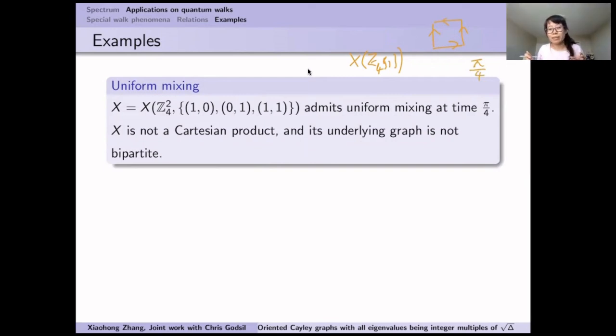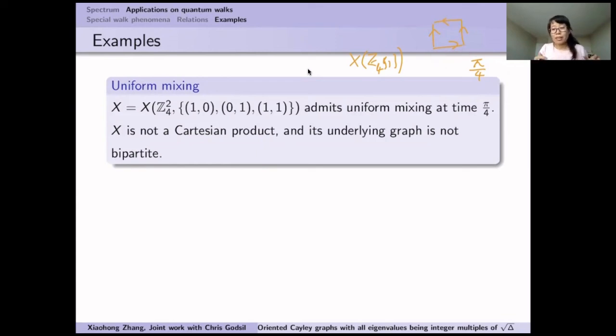Uniform mixing at time t means there is a local uniform mixing with respect to each vertex at this time t. So it means that the whole matrix is flat, all the entries of this matrix have the same modulus. That's uniform mixing. So the oriented four-cycle has uniform mixing at time pi over 4.